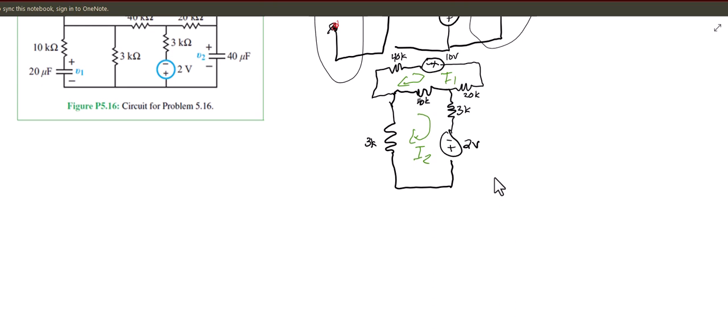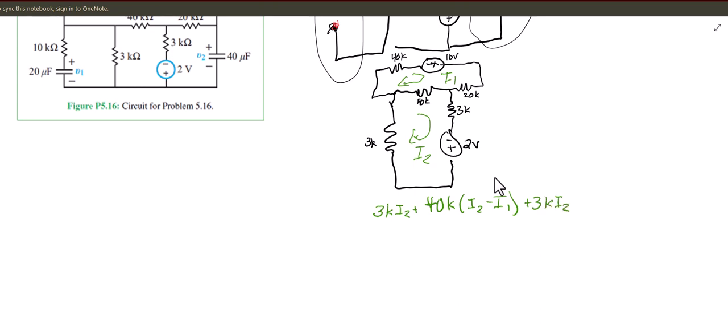So let's first look at, just because it happens to be the one that I did first, I2. Going around I2 in the direction that I have it, that would be 3K I2 plus 40K times I2 minus I1, because both I2 and I1 share that resistor, plus 3K I2 again.